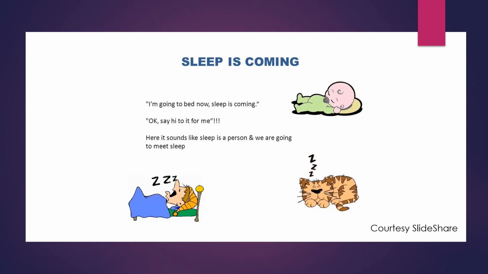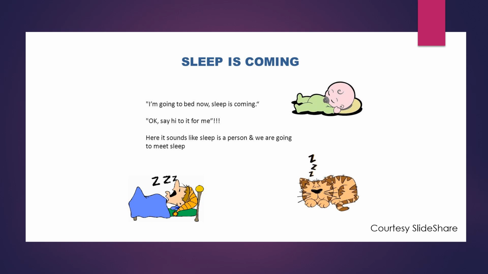Now, this one is a perfect example of literal translation from Hindi to English. If I'm sleepy, if I'm yawning, and somebody asks what happened, I would say, "Mujhe neend aa rahi hai." And the moment I have to translate that into English, because the person maybe doesn't understand Hindi, if I put it as "sleep is coming," it would be treated as incorrect. The person would surely laugh at me.